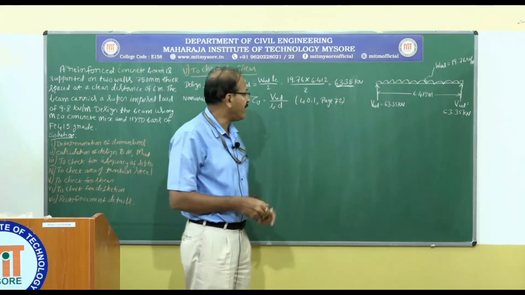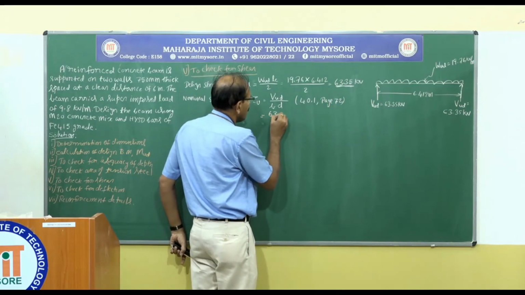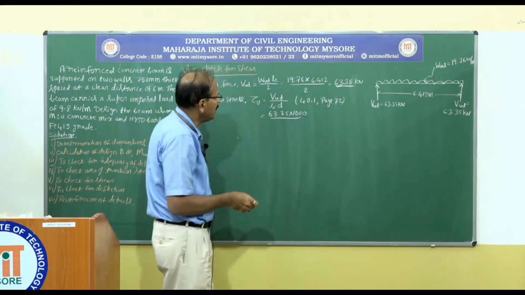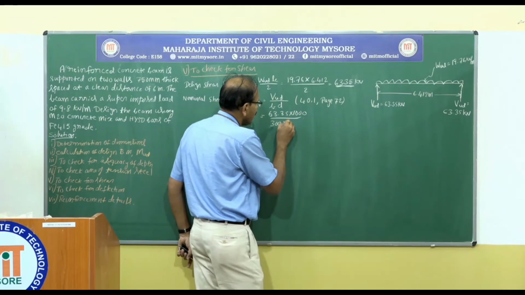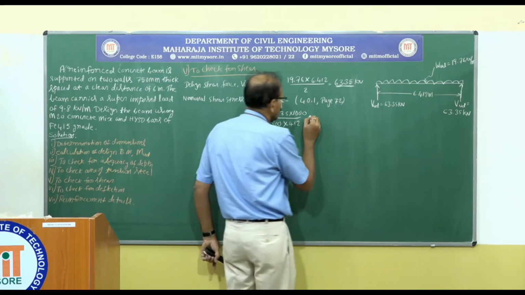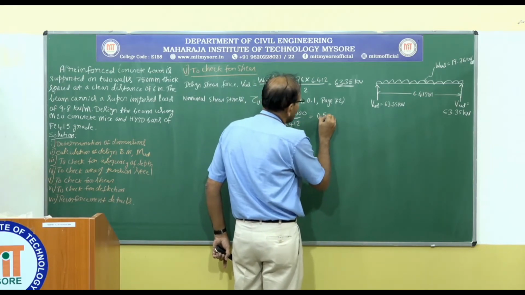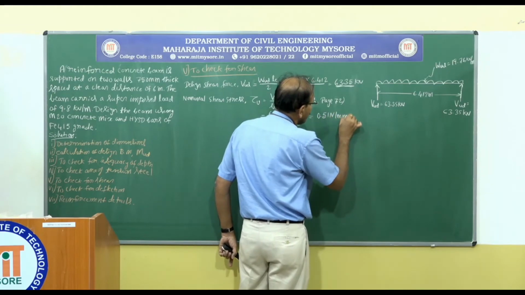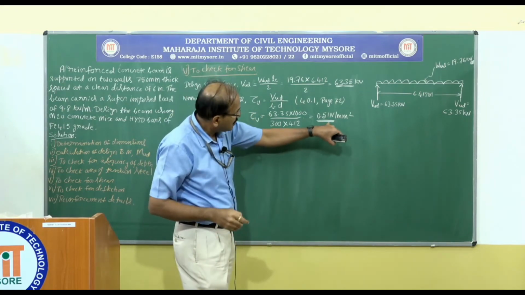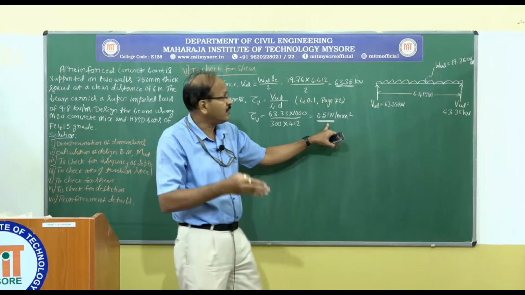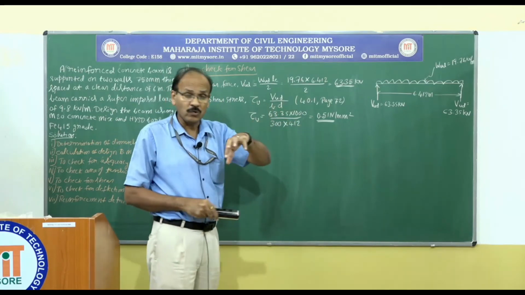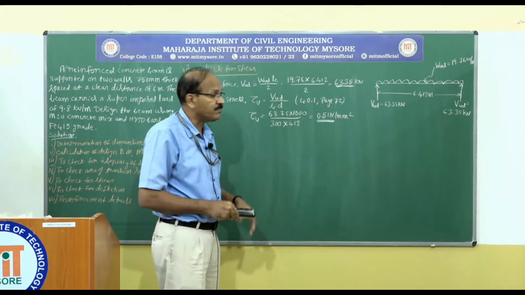It is 63.35 kilonewton multiplied by 1000, so that is going to be in Newton. B is the width of the beam, d is the effective depth, which is 412 millimeter. So that is equal to 0.51 Newton per millimeter square. So that is the shear stress developed at the section where we have the maximum shear, due to the design load. So that is 0.51 Newton per millimeter square.